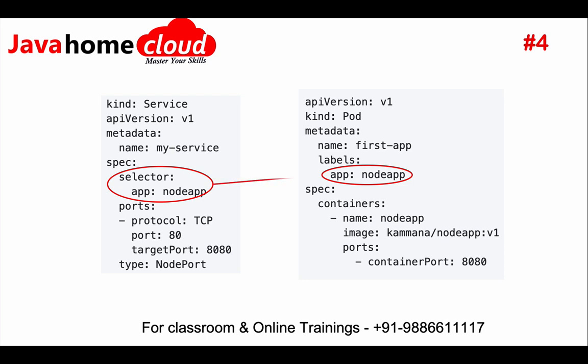In this case, service will tie all pods having this matching label with the help of selectors. In the cluster, there can be one pod or multiple pods with a matching label. We will see multiple replica scenarios while talking about replica sets and replication controllers.